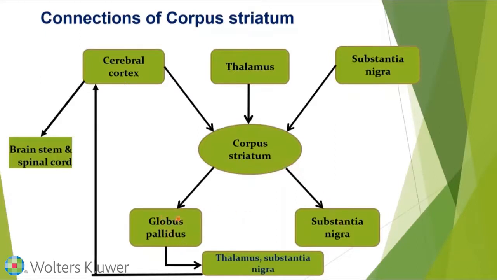The globus pallidus further synthesizes it and sends its efferents to thalamus and substantia nigra. Substantia nigra and thalamus will further process it and send their impulses to cerebral cortex. Cerebral cortex, having received these impulses, will send the necessary impulses to the brainstem and spinal cord to bring about smooth, voluntary, coordinated muscular movements or activities.